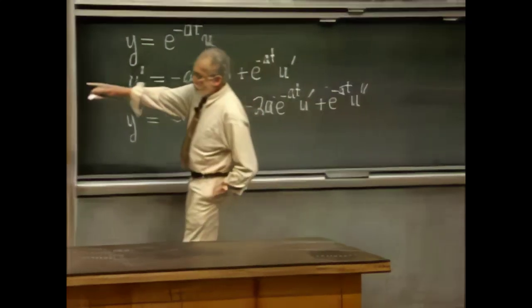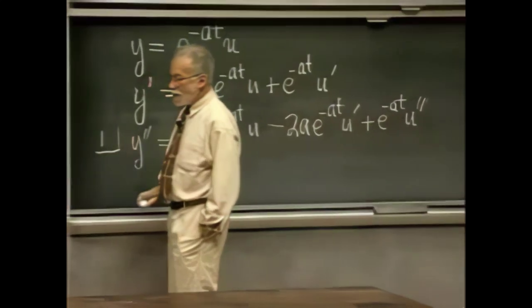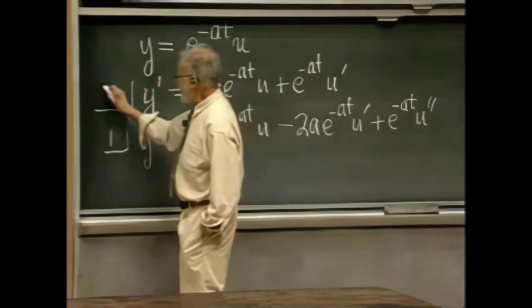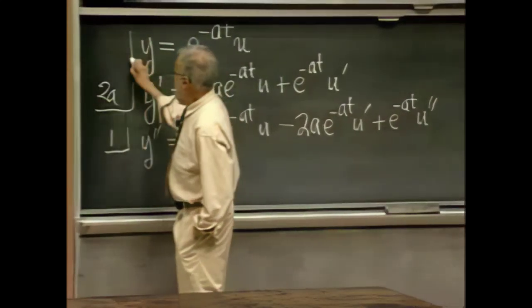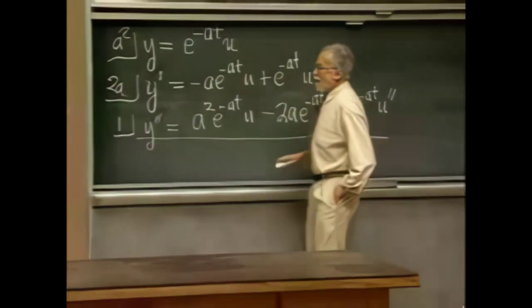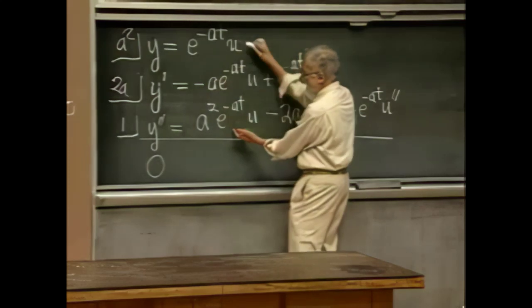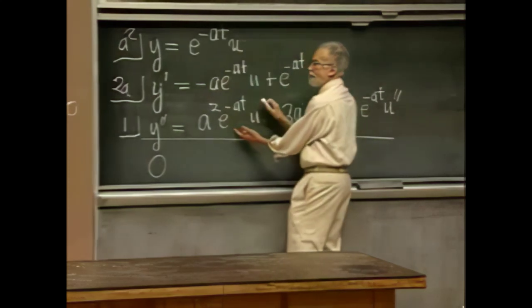And now, to plug into the equation, you multiply this by 1. In other words, you don't do anything to it. You multiply this line by 2a, and you multiply that line by a squared, and you add them. On the left-hand side, I get 0. What do I get on the right? Notice how I've arranged the work so it adds nicely.